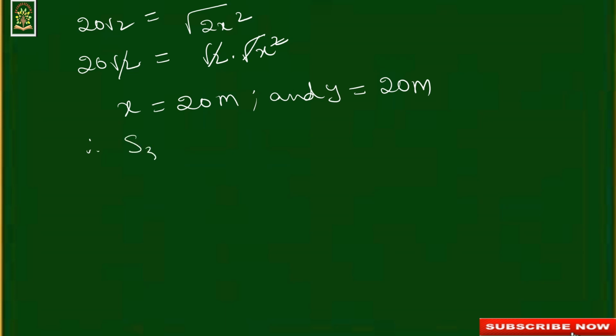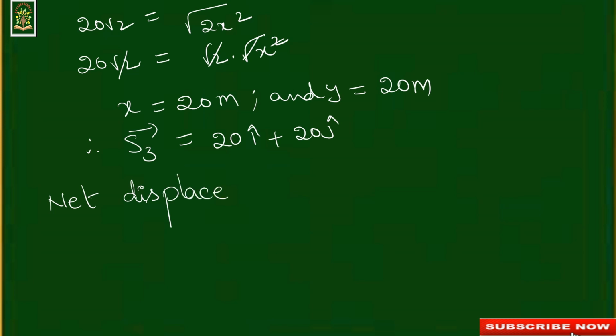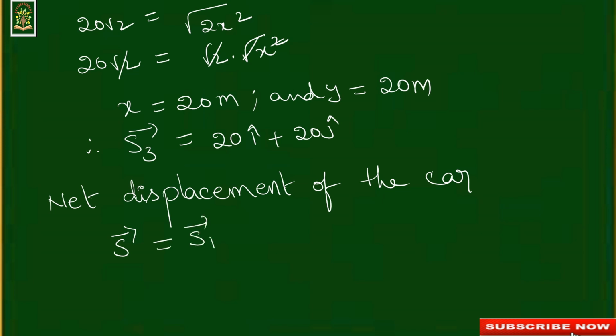Therefore S3 bar is equal to, substituting the x and y values in this, we get 20 i cap plus 20 j cap. Net displacement of the car is equal to S bar, that is equal to S1 bar plus S2 bar plus S3 bar.